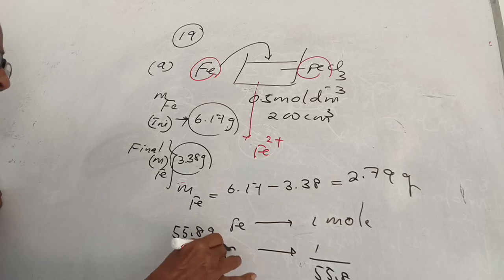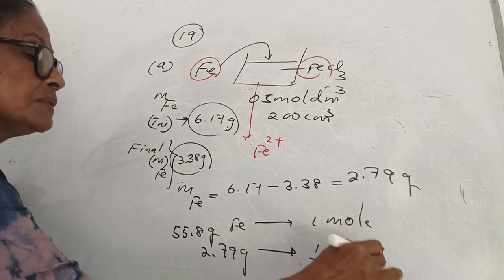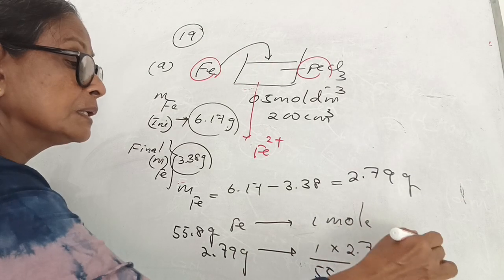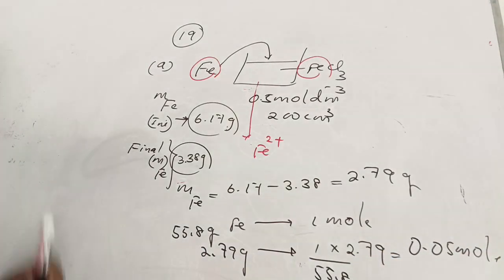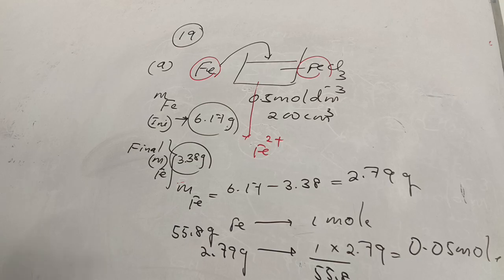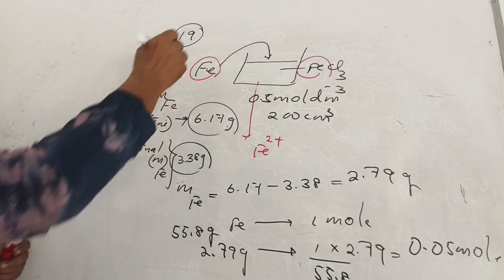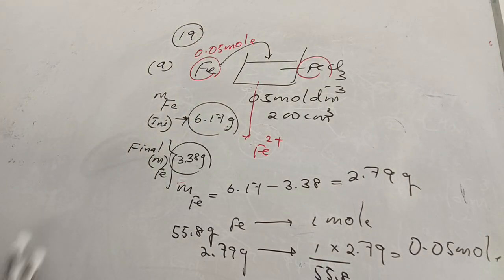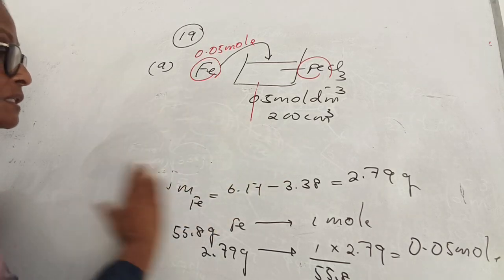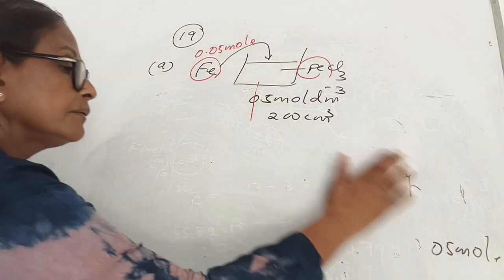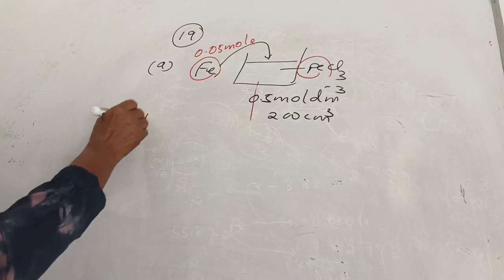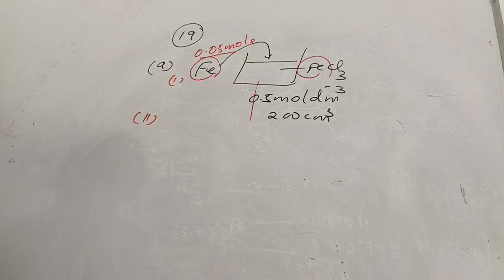Now 2.79 grams reacted, so the number of moles is 0.05 mole. So 0.05 moles of iron were added to 200 cm³ of the 0.5 mol per dm³ iron chloride solution. The first part is to find the number of moles of iron; the second part asks for the number of moles of iron chloride.